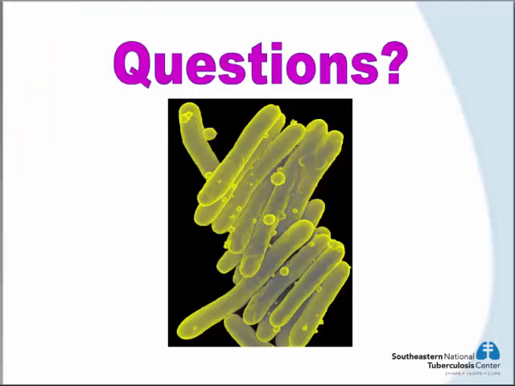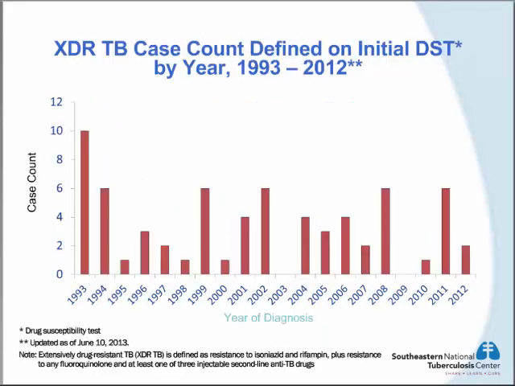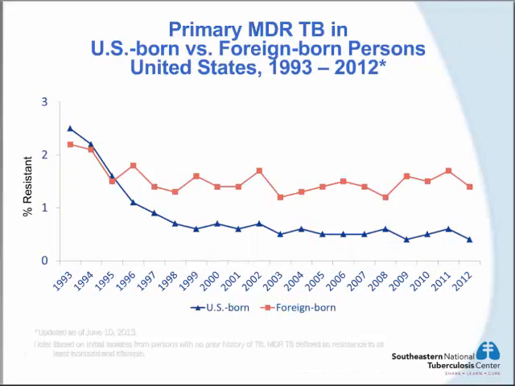Can I go back to the presentation? So the ones, for example, talking about MDR TB and the foreign-born versus U.S.-born cases. Okay, and the drug-resistant TB, or just the U.S.-born versus foreign-born? It's actually not in the question itself, but I presume both.